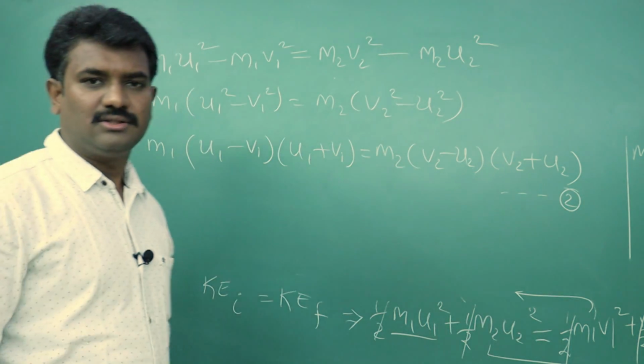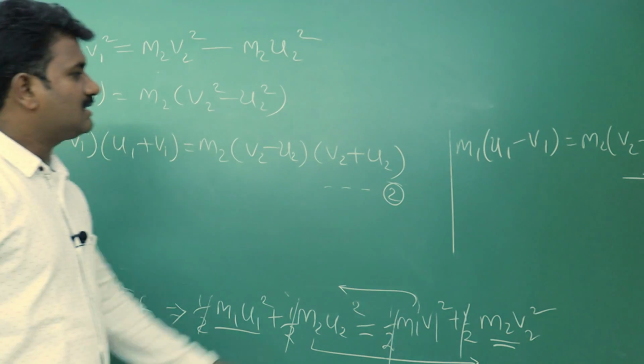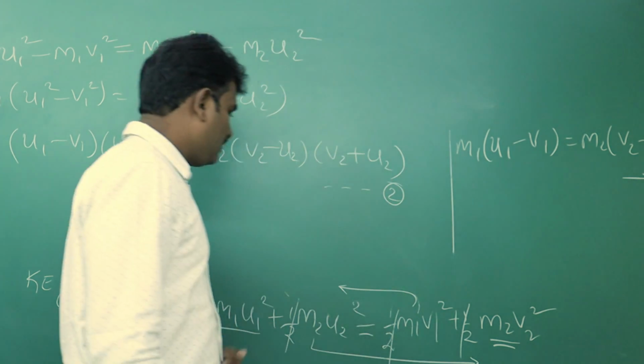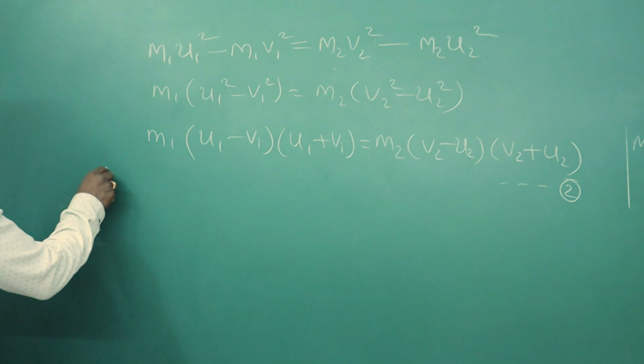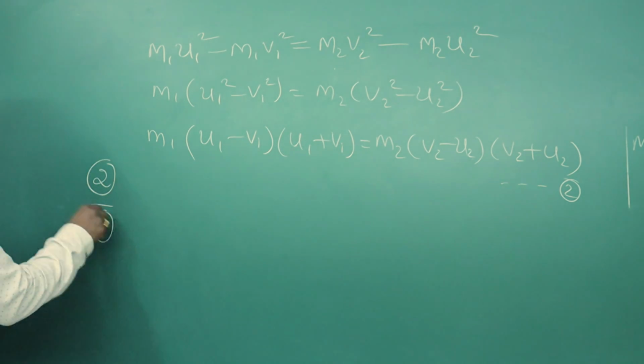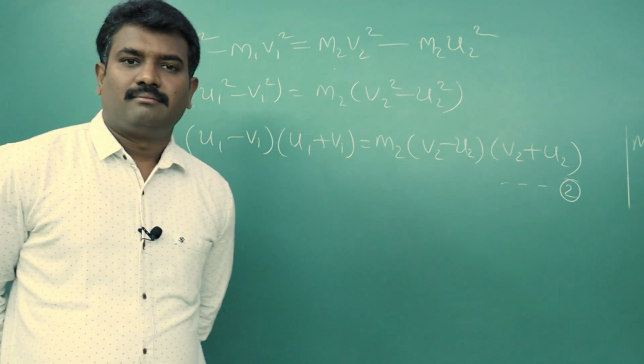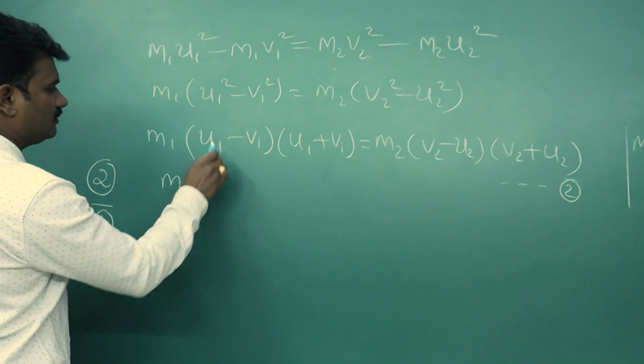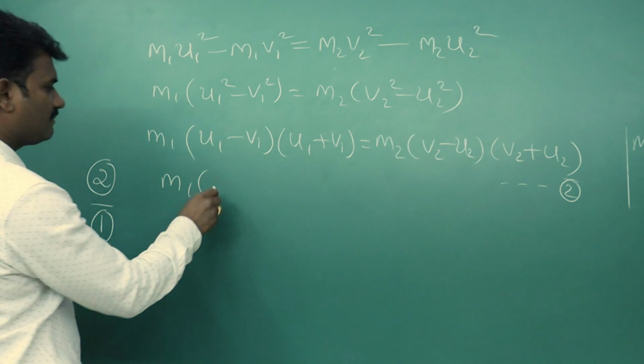Say this is equation number 2. This is already equation number 1. I would like to make 2 by 1. By writing 2 by 1, this is m1 into, I am writing same as it is.